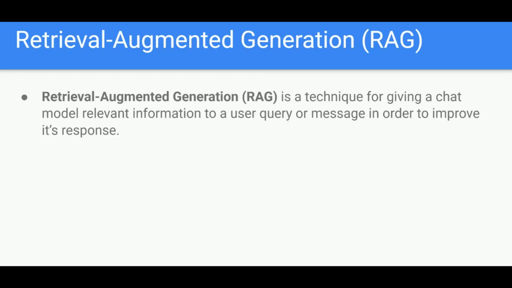All right, so first and foremost, what is RAG? I kind of alluded to this, but it's a technique for allowing a model to retrieve relevant information in response to a user query or a message in order to improve its response.